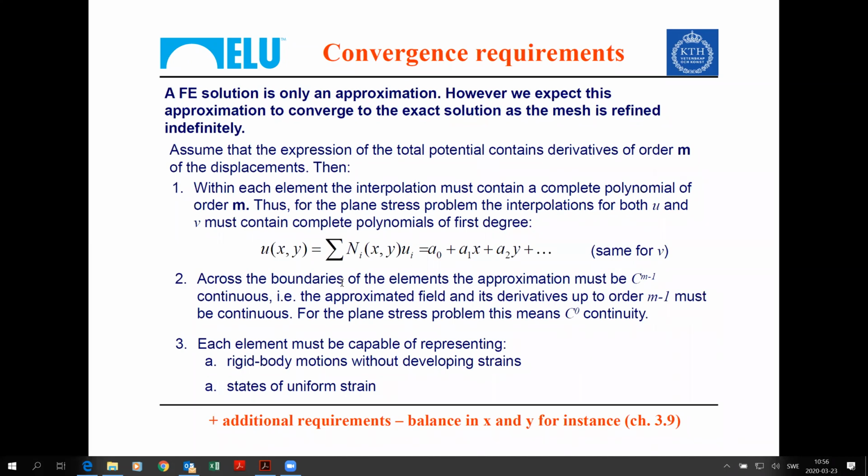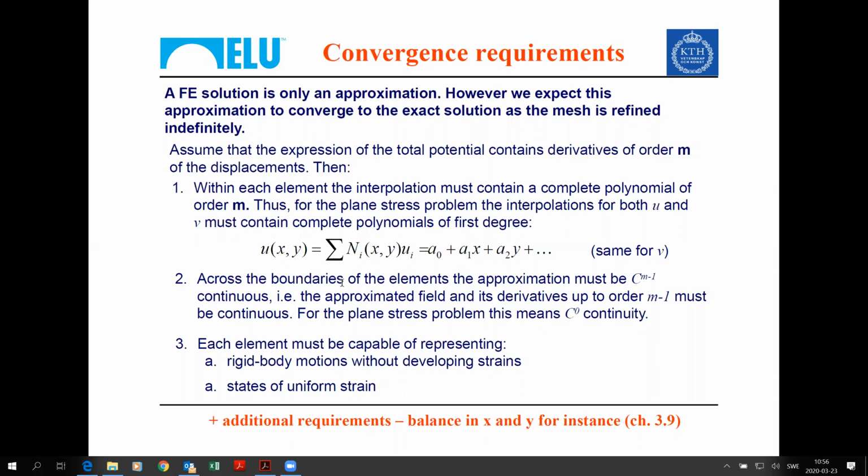First of all, if we assume that the expression of the potential energy contains derivatives of order m of the displacement. In our case, for the plane stress problem, they contain derivatives of first order.